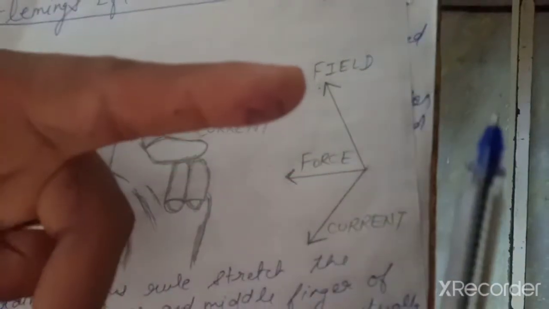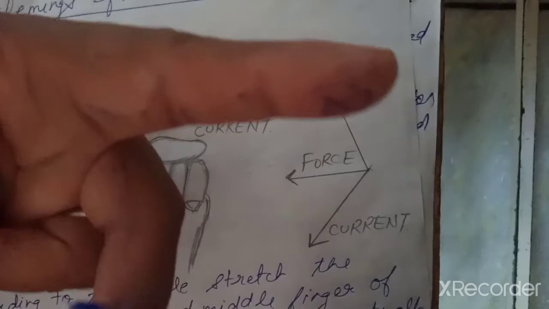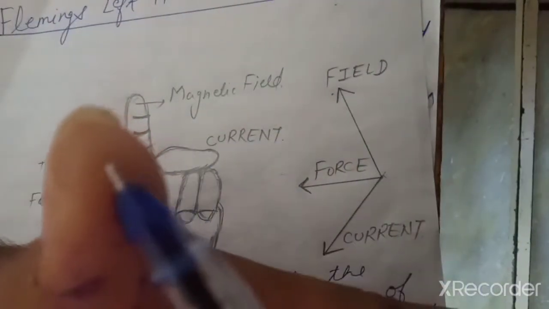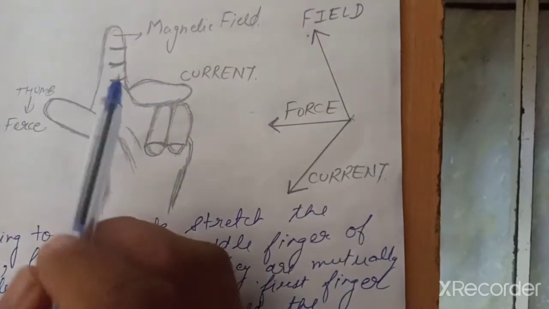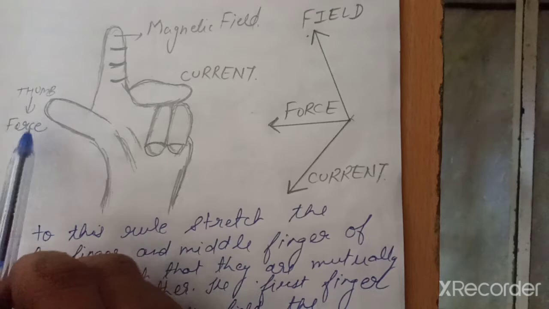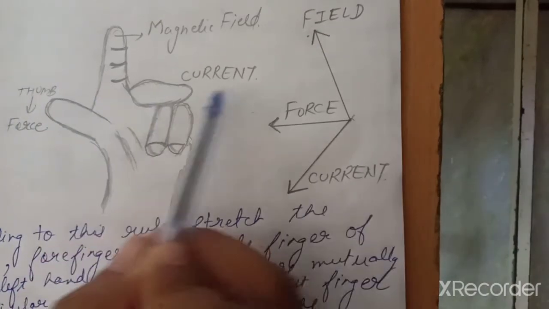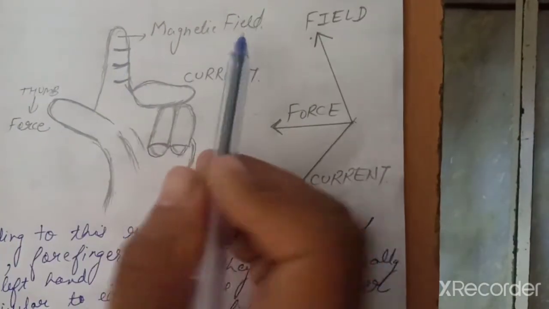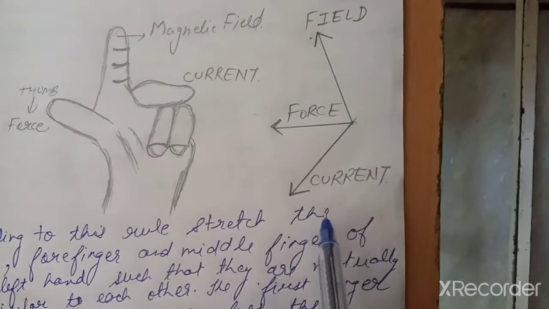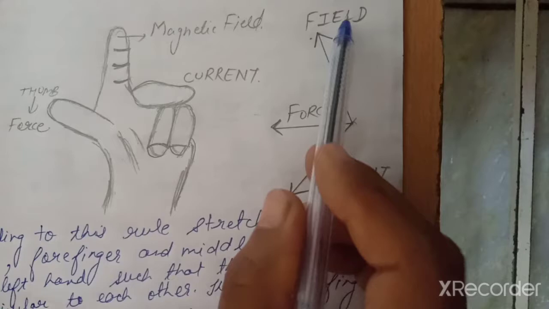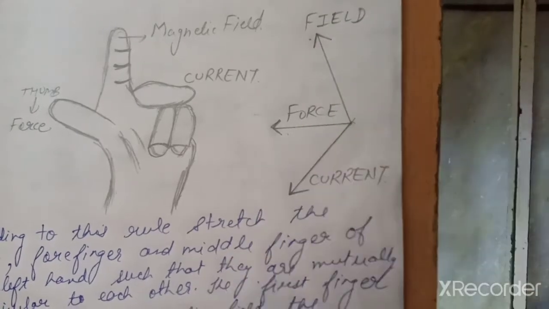Among the three fingers, the first finger is the magnetic field, the second finger is the direction of current, and the thumb represents the force on the conductor. By an arrow diagram you can represent the magnetic field, force and current.